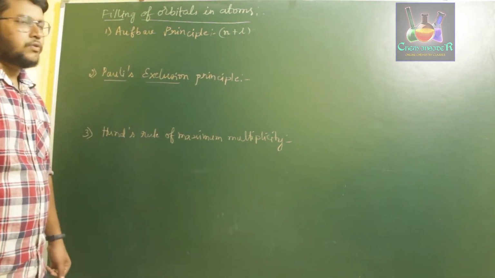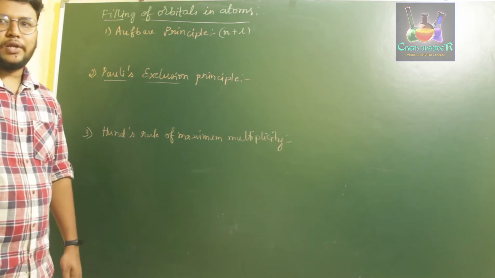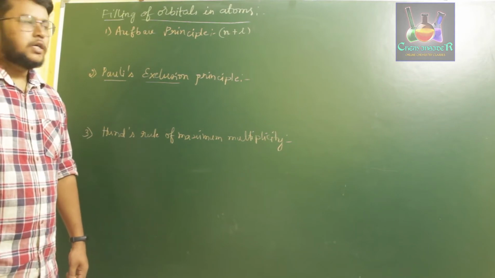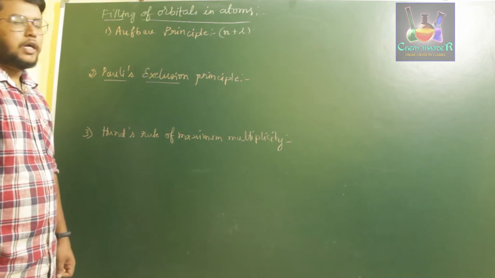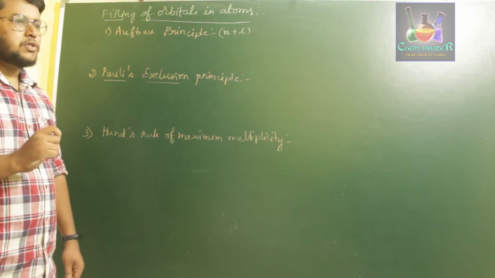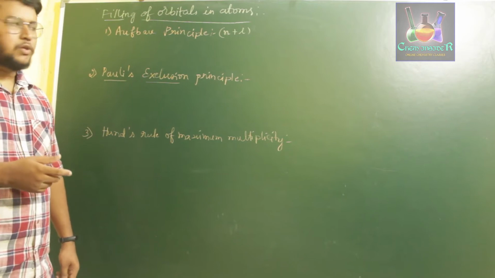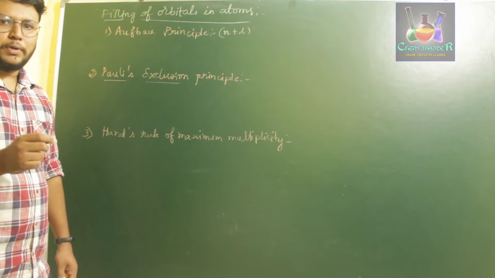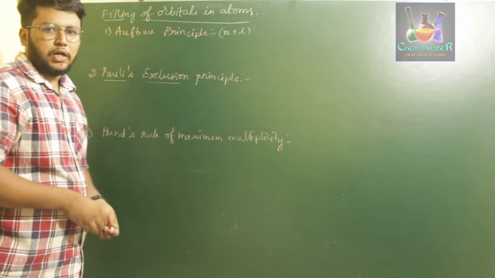We have to arrange the given orbitals in increasing order of their n plus L value, and that gives the energy order of those orbitals. Whenever two or more orbitals have the same n plus L value, you have to consider first the orbital whose n value is less. We'll solve that now.